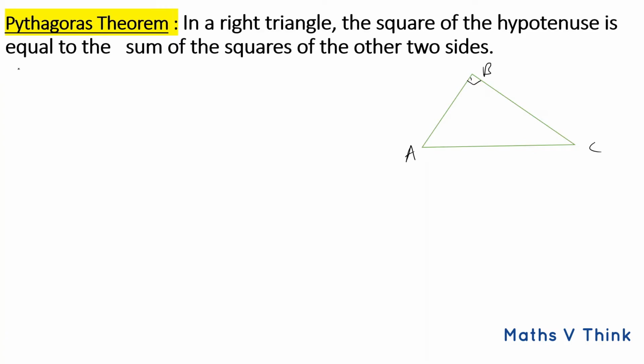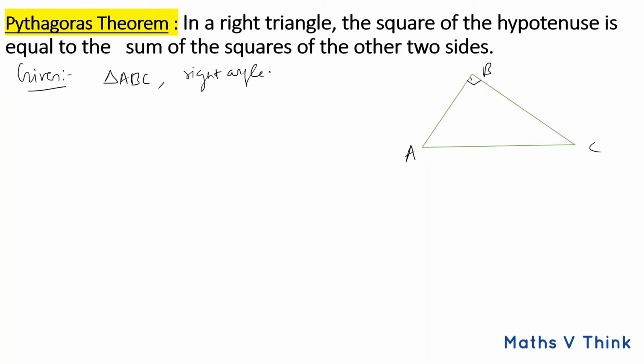First we shall write the given part. Triangle ABC, right angled at B. To prove, they told the square of the hypotenuse.